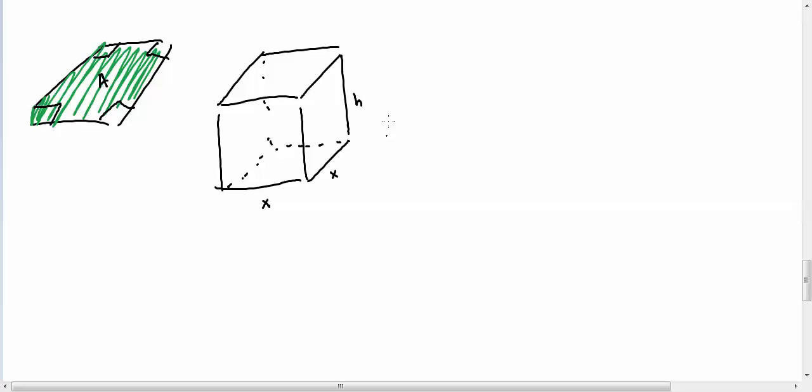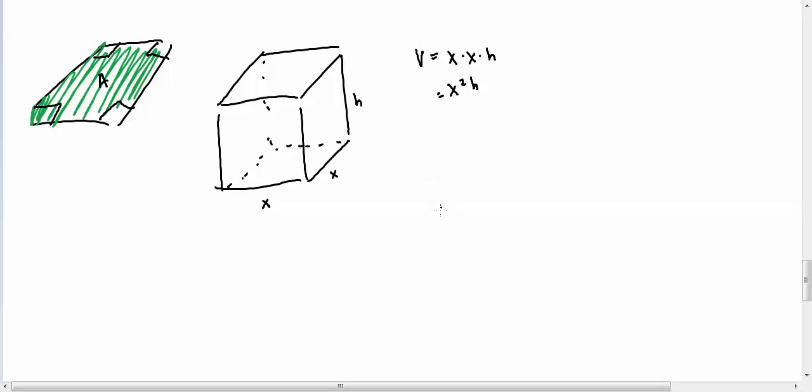Now, I'm going to write down some equations that I know. First thing, I know the volume of this box. That one's actually pretty easy. It's equal to x times x times h, which is x squared h.